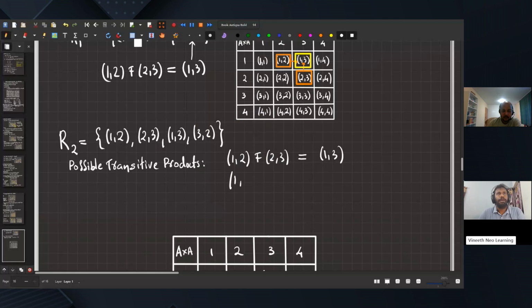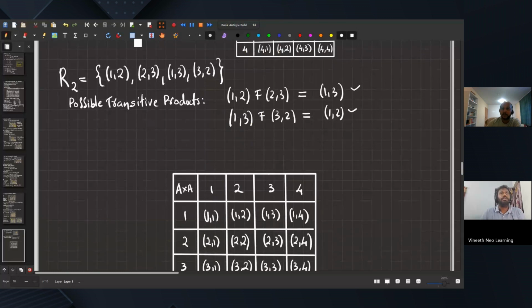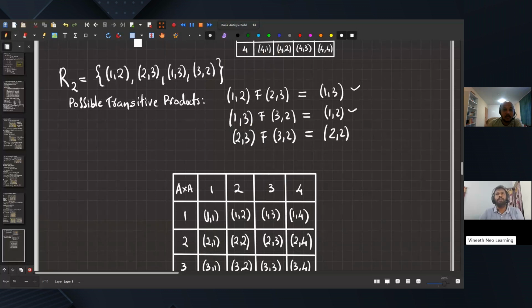Then (1,3) can be multiplied with (3,2) with the answer (1,2), which is also present here. Then (2,3) and (3,2) give the answer (2,2), which is not present here.